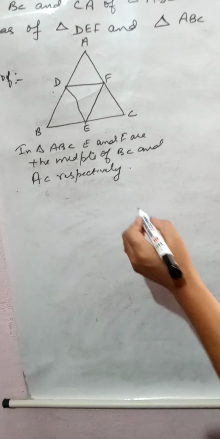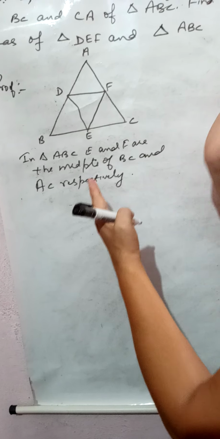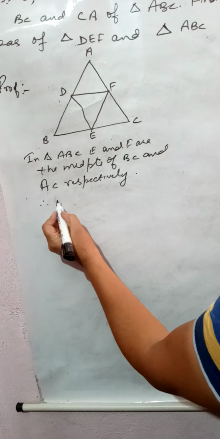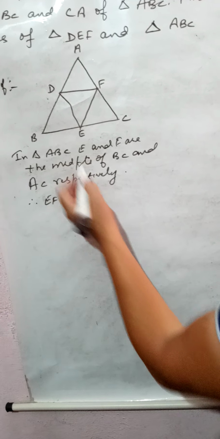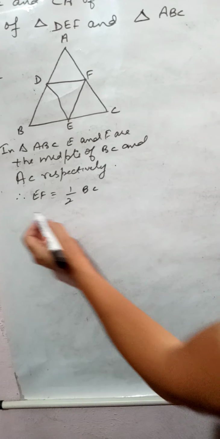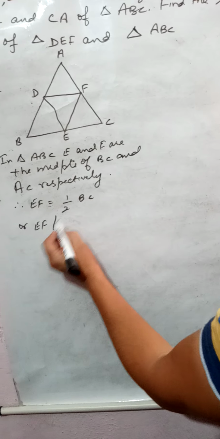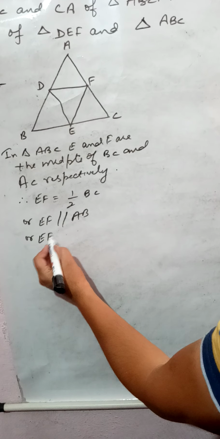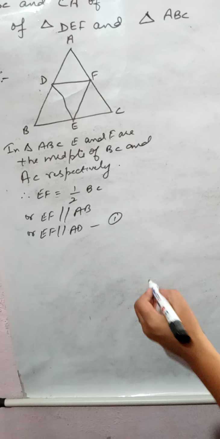So what is the midpoint theorem? The line segment joining the midpoints of two sides of a triangle is parallel to the third side and equal to half of it. Therefore EF equals half of BC, or in other words EF is parallel to AB, and we can also say EF is parallel to AD. Let it be 1.